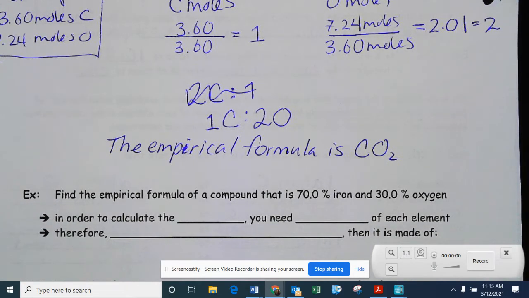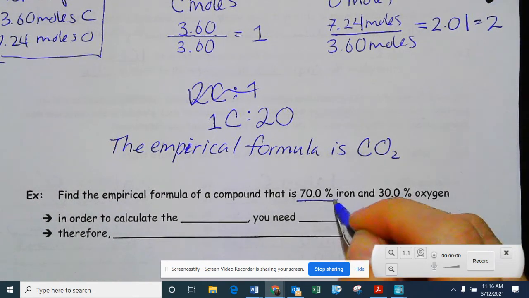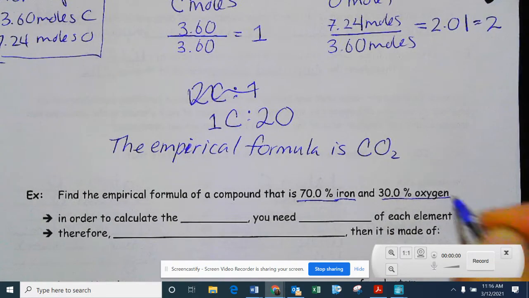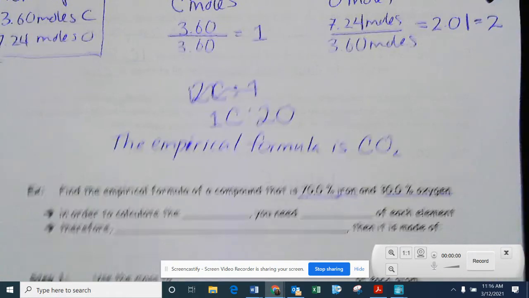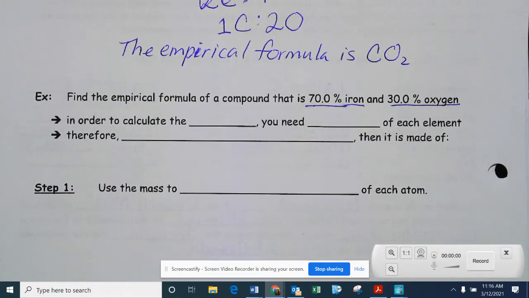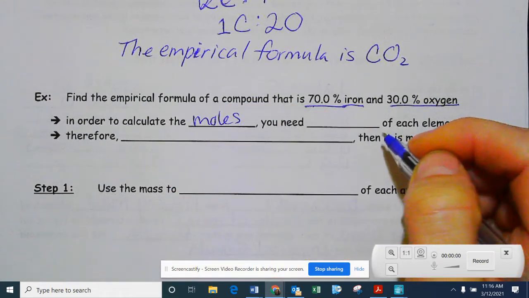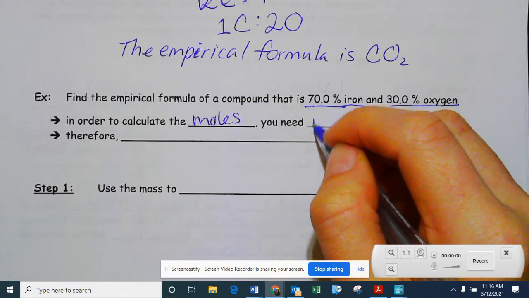Okay, so we're going to do another example. In this case, rather than being given the mass, we're given the percentage. So 70% iron and 30% oxygen is found to be in this compound. In order to calculate the moles here, we do need the masses of each element.